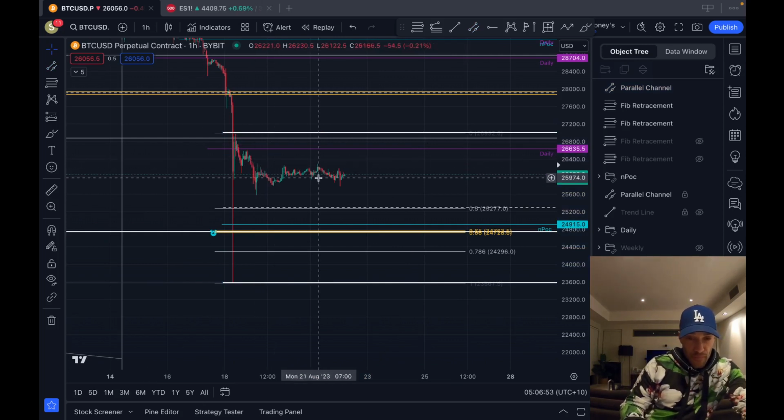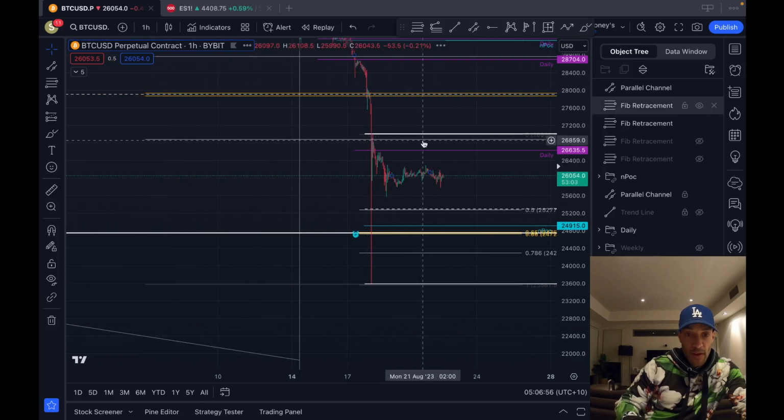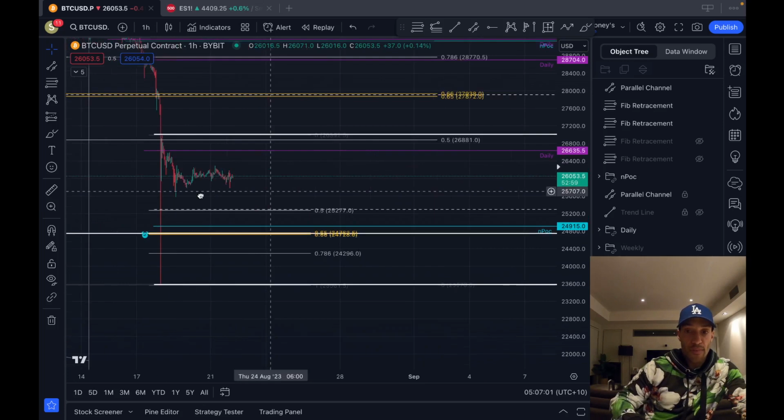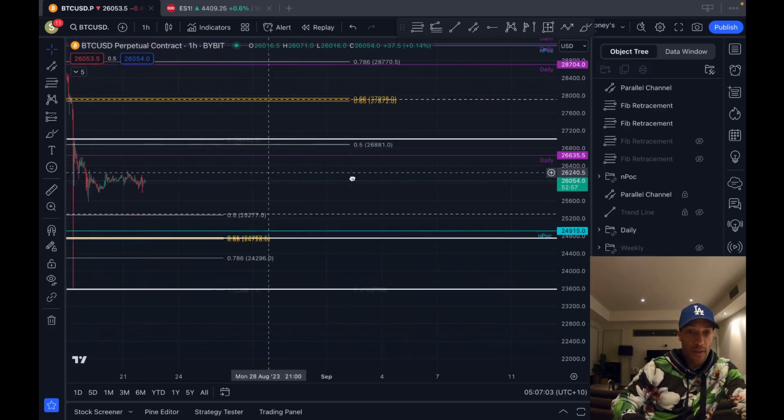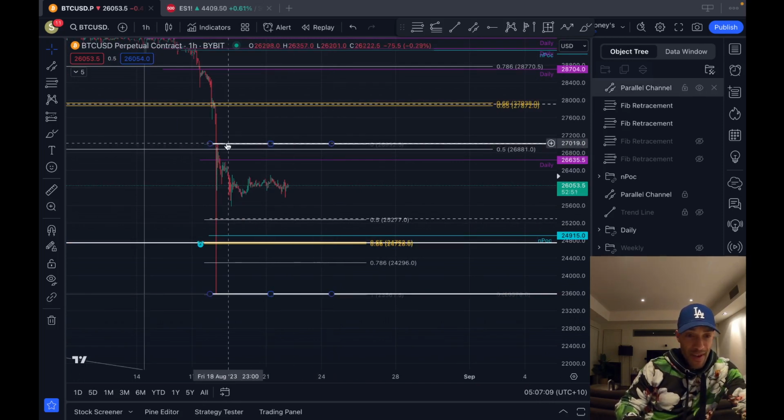Now, this gray line here is a 0.5 Fibonacci, which I just showed you before. You can see it there. Now, if price were to come up here, slightly get past the 0.5 and SFP, and obviously hit the top of this range and SFP.